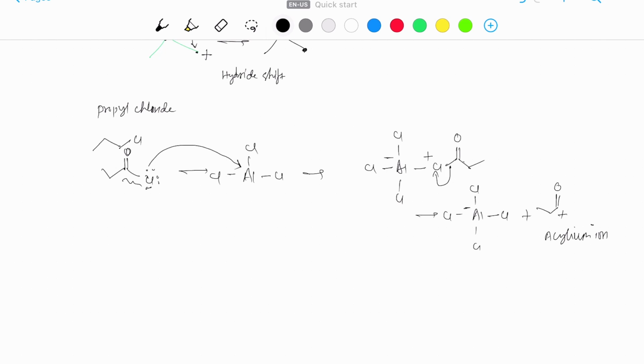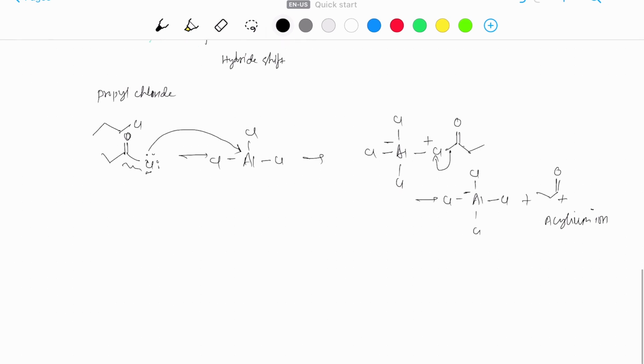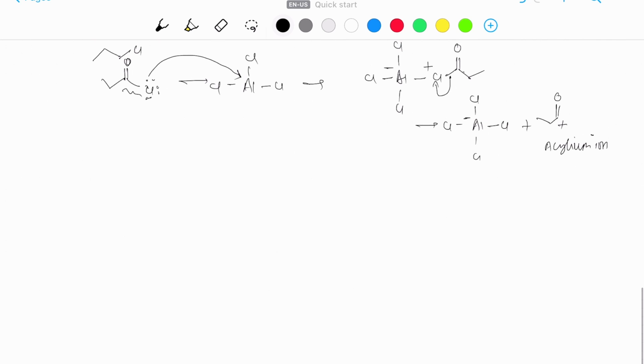Great. Now that we have an acylium ion, this can also go into resonance, by the way. So the resonance structure would be something like this. Let me erase this part. So this oxygen has lone pairs of electrons, right?